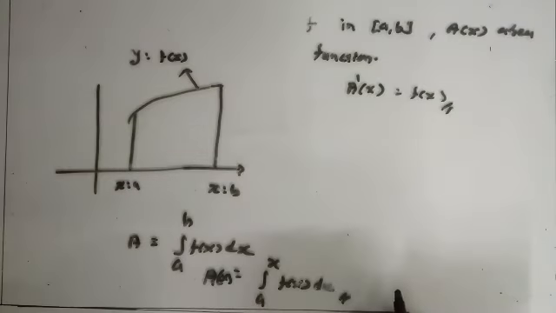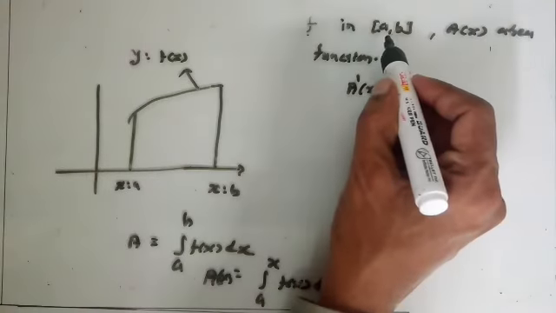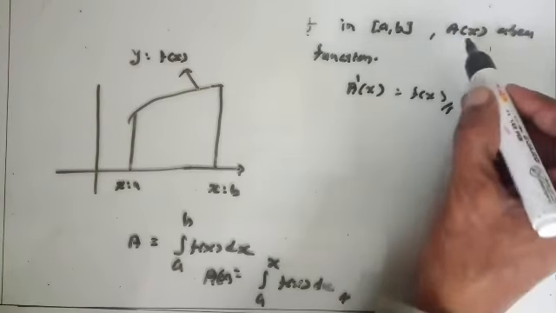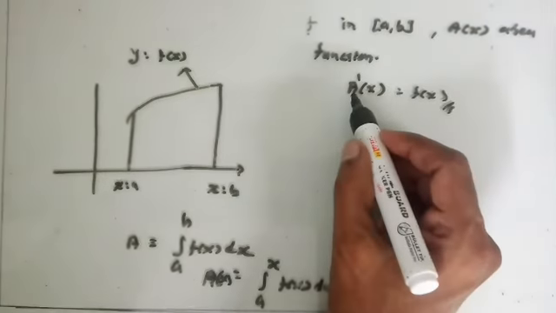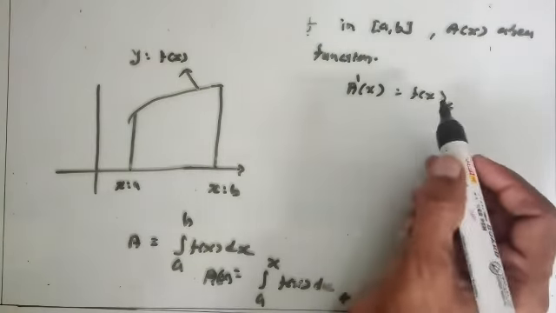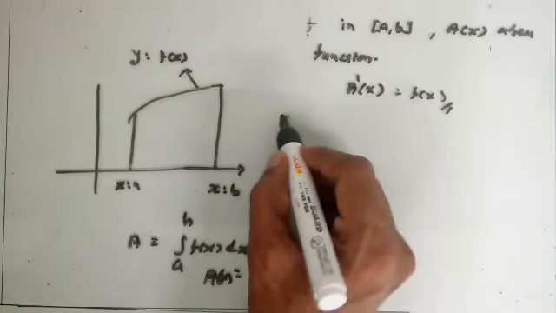Remember this, only remember this. If f is continuous on a closed interval [a, b] and A(x) is the area function, then the first derivative of the area function gives f(x).